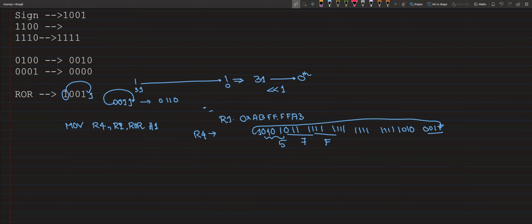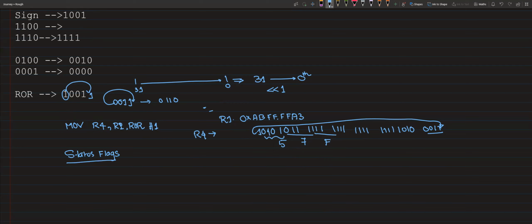So we have some status flags. Next we will be discussing how to update the status flags.